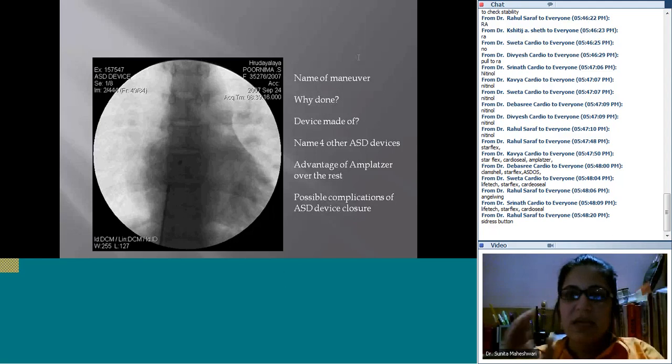Now when you talk about CardioSeal and Starflex, Starflex is actually the newer version of the CardioSeal. Once the Starflex came into play, the CardioSeal is no longer there. So Starflex, Angel Wing device, and the button device, not used much, where there was a button and you button the left atrial side and the right atrial side onto it. So you need to know the other devices that are out there.